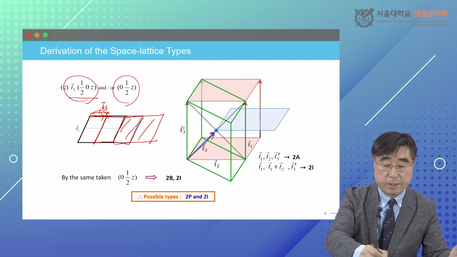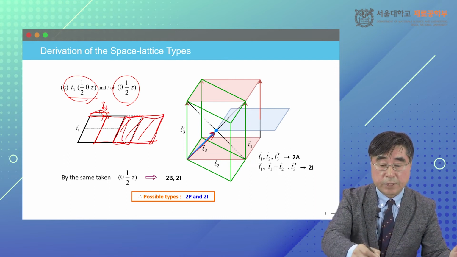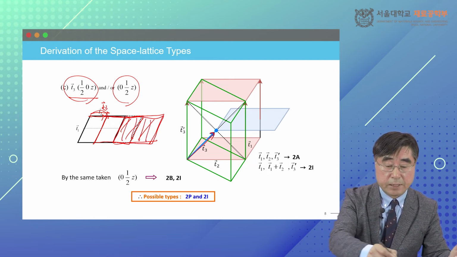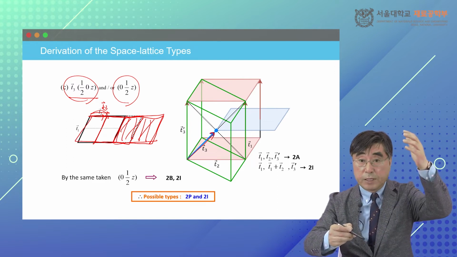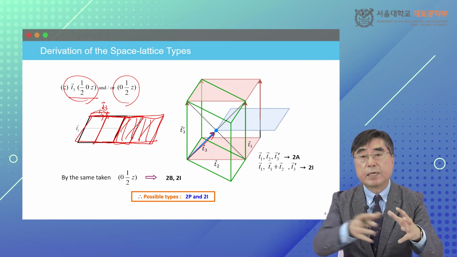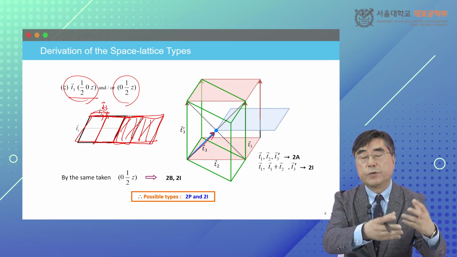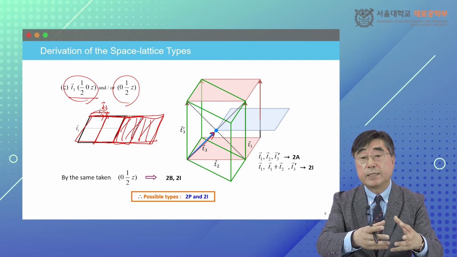Then the second level basically locates like this, but this one is the same as this. So now T3 vector can be perpendicular to T1 vector and T2 vector, so it can preserve this two-fold information. So I can define the monoclinic crystal system.